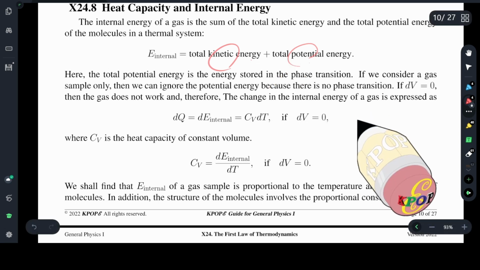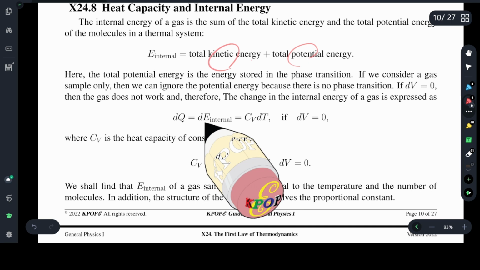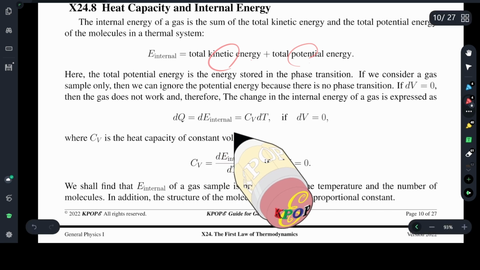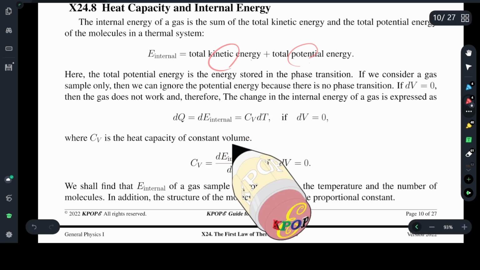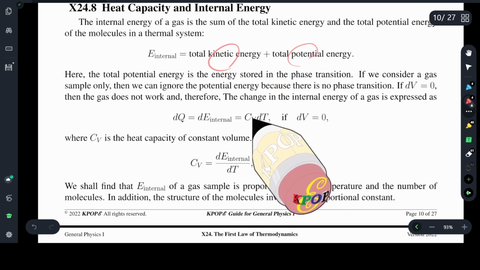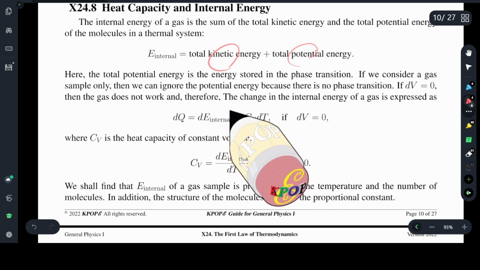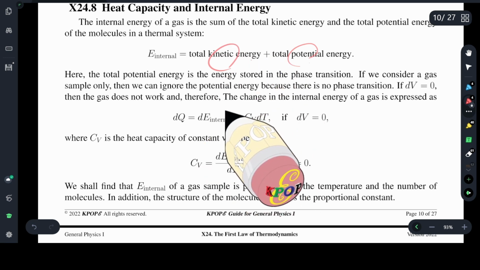And in case we have a system that has an invariant volume, such as a solid, in that case, the total internal kinetic energy change is exactly the same as the input heat because the gas does not work at all.